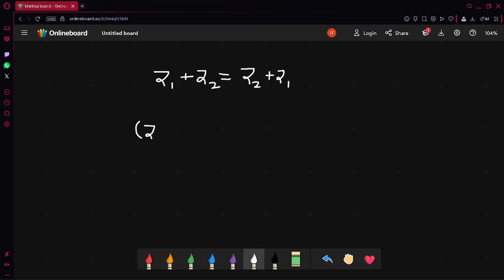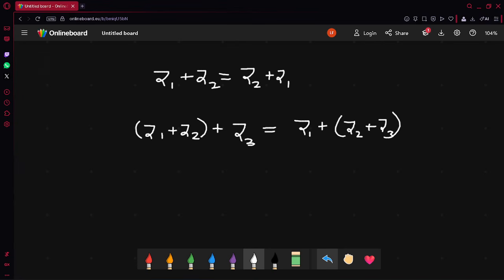If you add z1 plus z2 first, and then you add z3, this is the same as adding z1 to z2 plus z3, where we're adding z3 and z2 first.